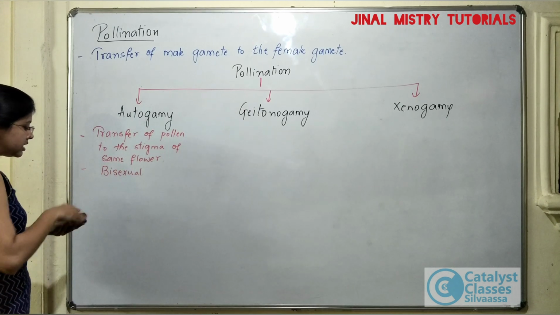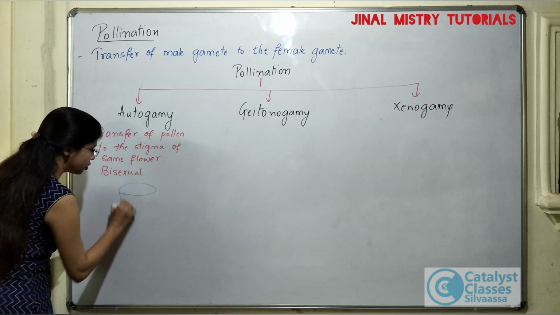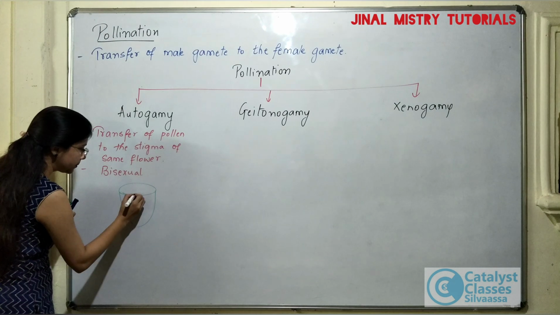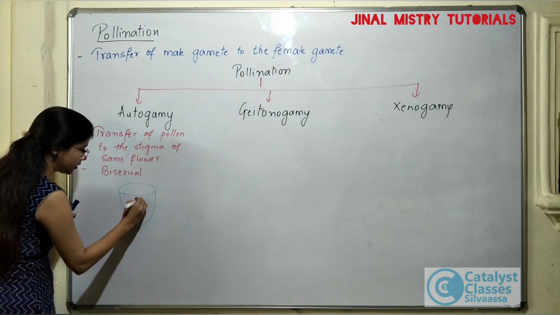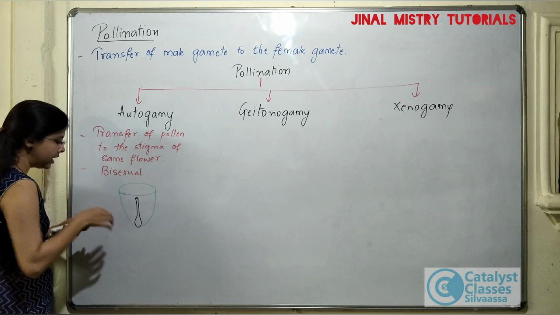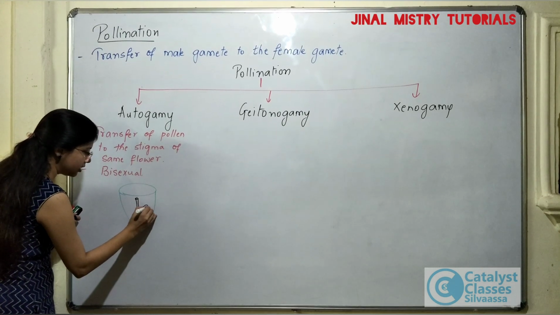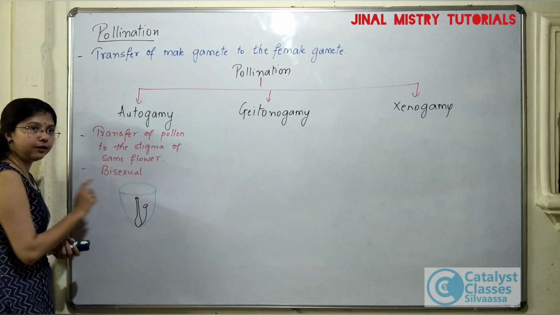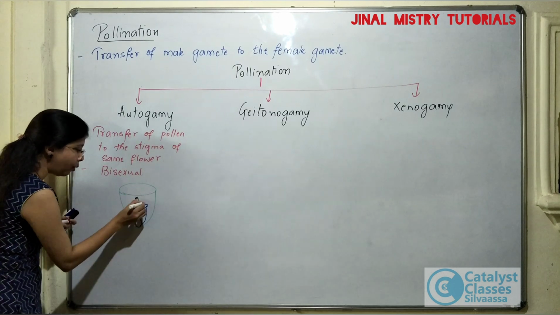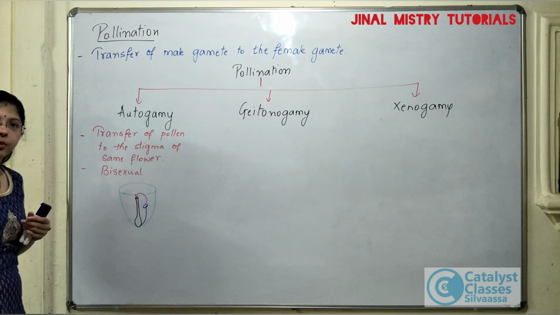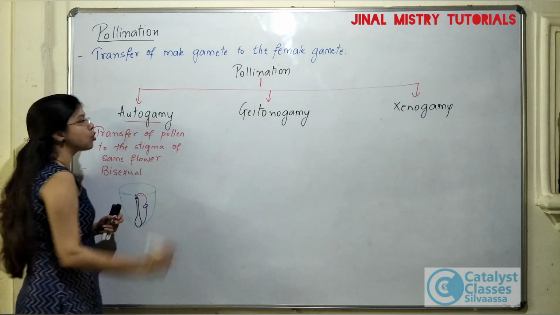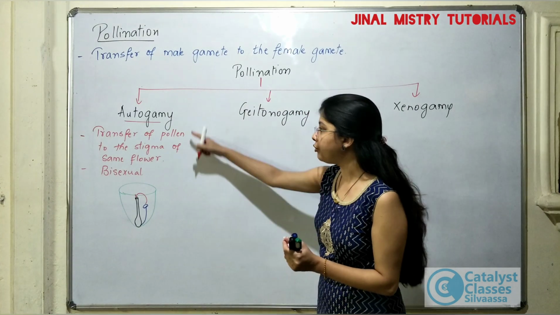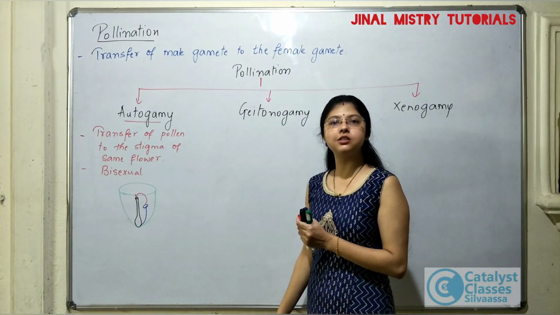Within the same flower, if this is the female reproductive part, and this is the anther developing inside the flower, the flower is bisexual. It has both male and female reproductive parts. If the pollination takes place within the same flower, this type of pollination mechanism is called autogamy.